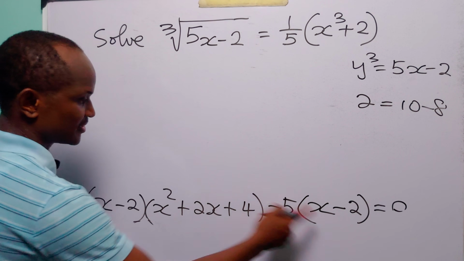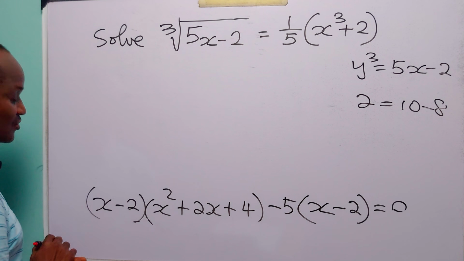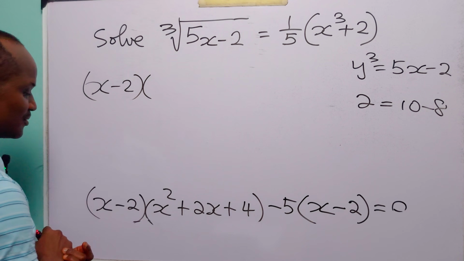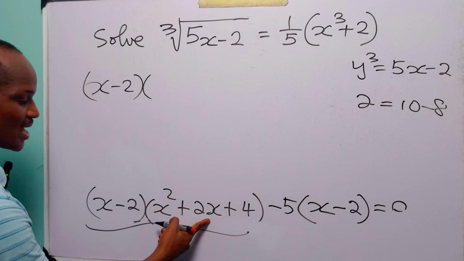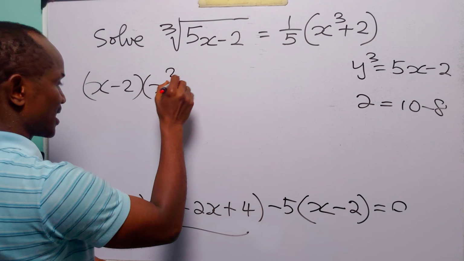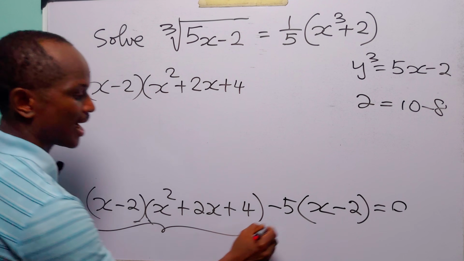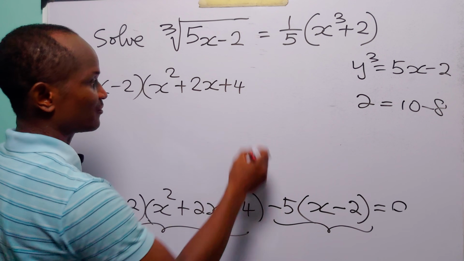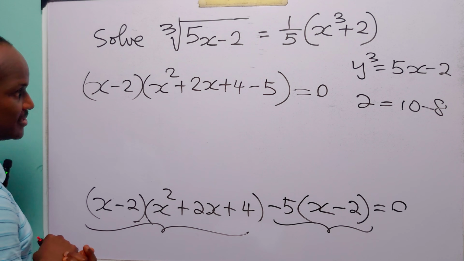And when you look at these two terms, you're also going to see a common factor, which is x − 2. So we have (x − 2) into x² + 2x + 4, and when you divide the second by x − 2, we are left with −5.